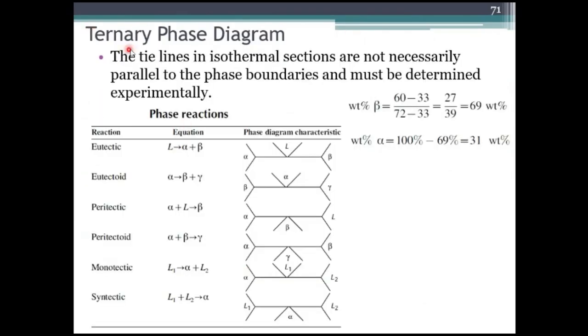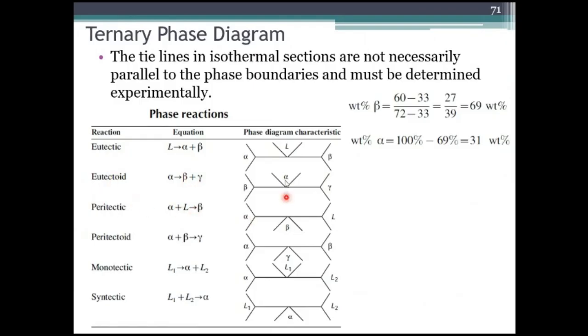Now, if you see this ternary phase diagram, a tie line diagram can be drawn. These things we have seen in the last class itself. Eutectic means a liquid is transformed to alpha plus beta. Eutectoid means an alpha is converted to solid 1 plus solid 2, beta plus gamma.